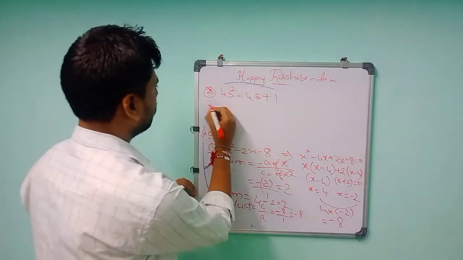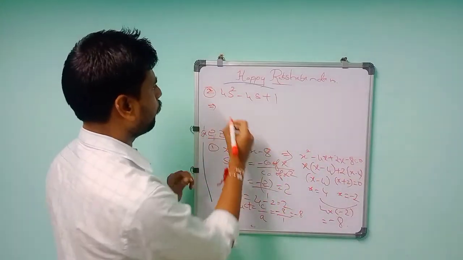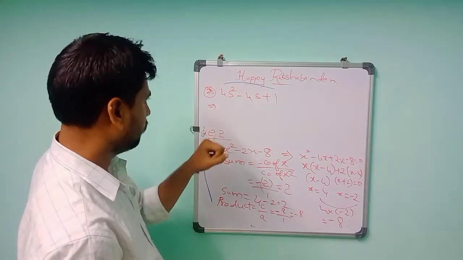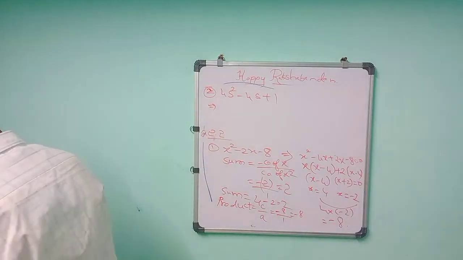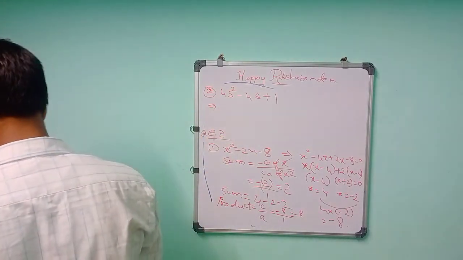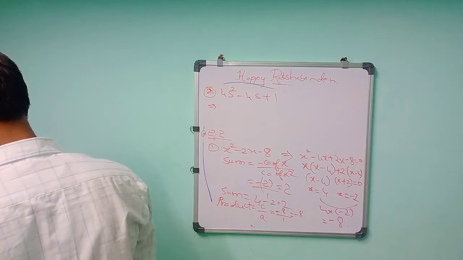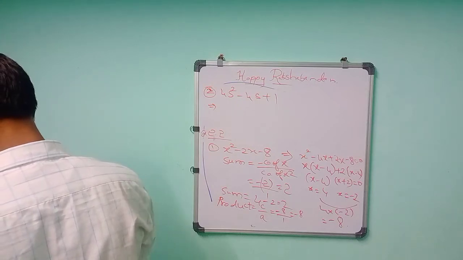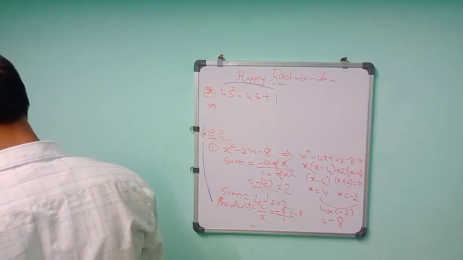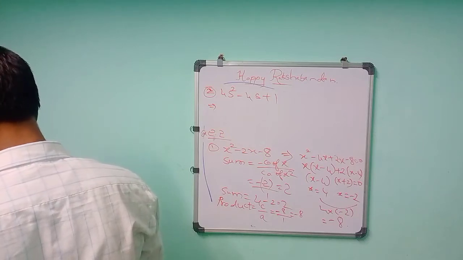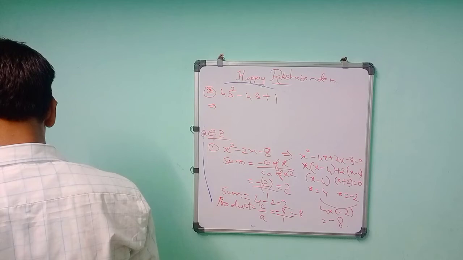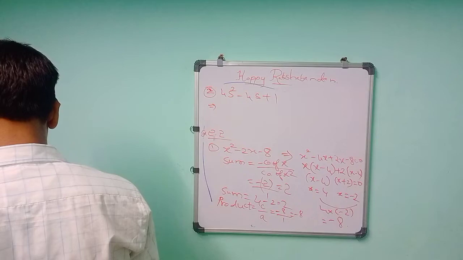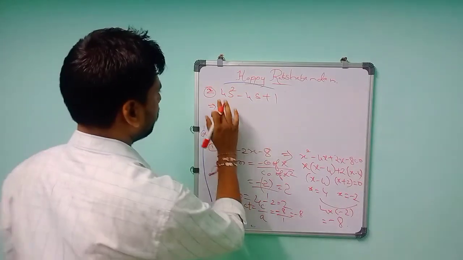First step you have to do, you have to split the middle term. So 4 into 1 is 4.